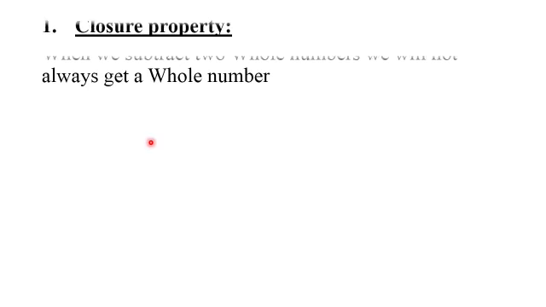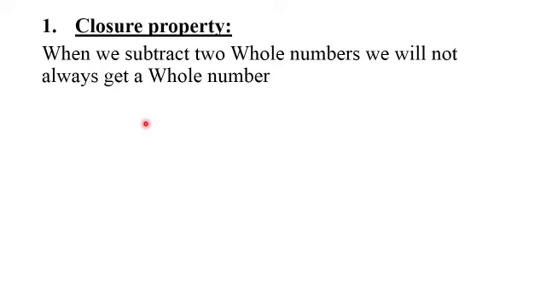Students, here we have the first property, that is the closure property. When we subtract two whole numbers, we will not always get a whole number. So we are going to subtract two whole numbers and check whether the answer is a whole number or not. We have 3 examples here.